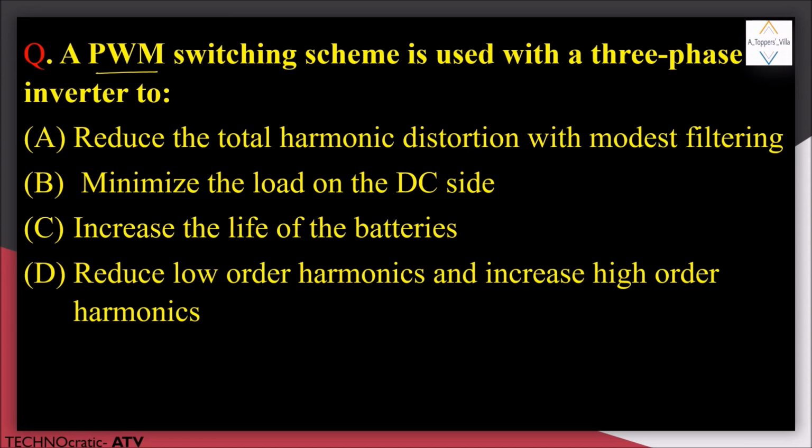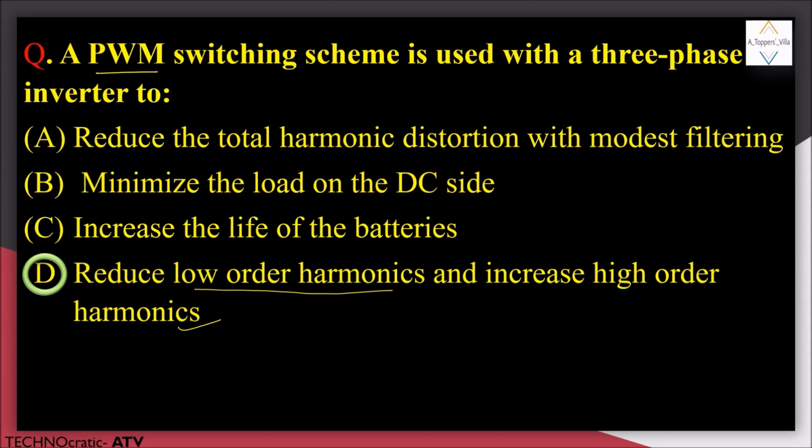It may not be possible to reduce the overall voltage distortion due to harmonics, but by proper switching control, the magnitudes of lower order harmonics can be reduced, often at the cost of increasing the magnitudes of higher order harmonics. The answer will be option D.